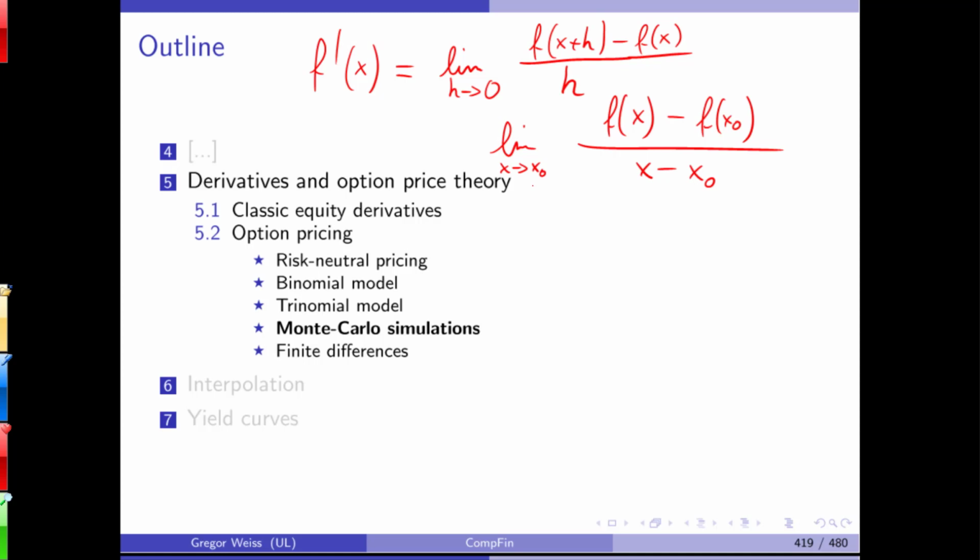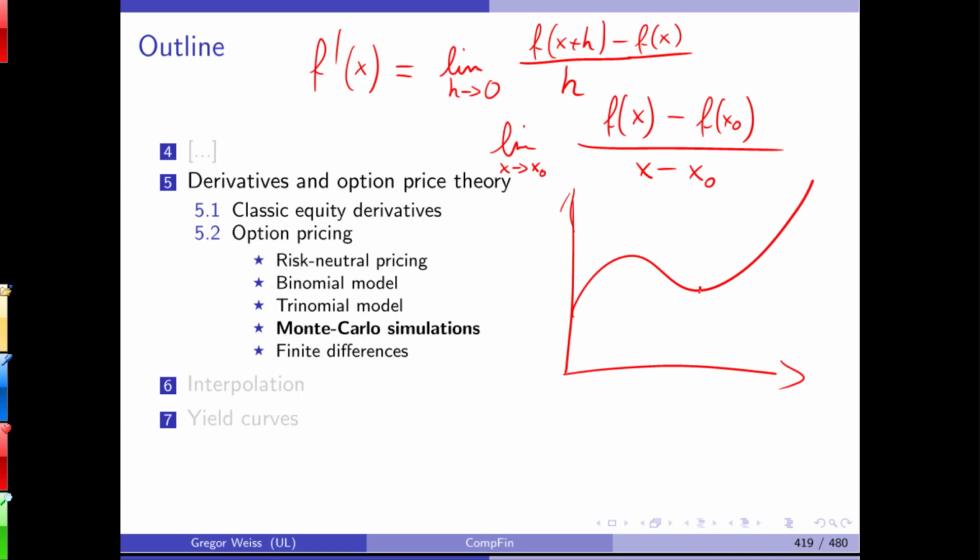Okay. And you remember this probably from high school, that if you have a function like this, how can you imagine the derivative?